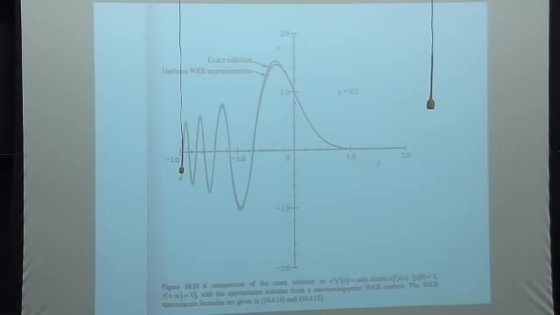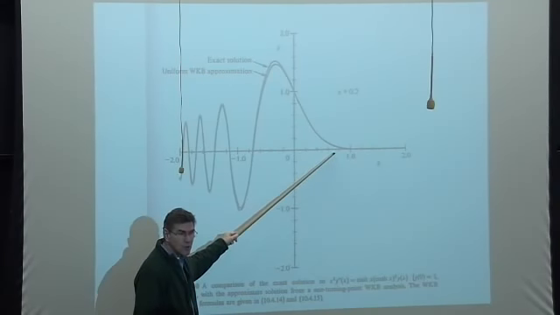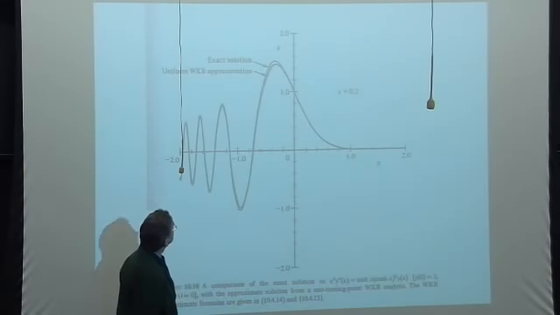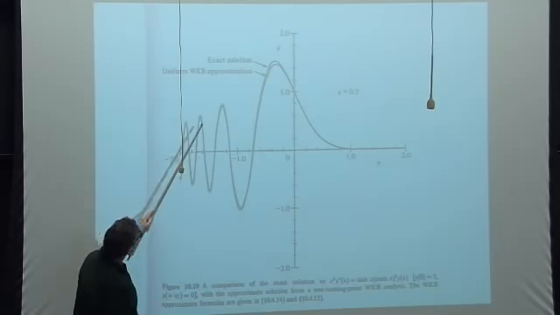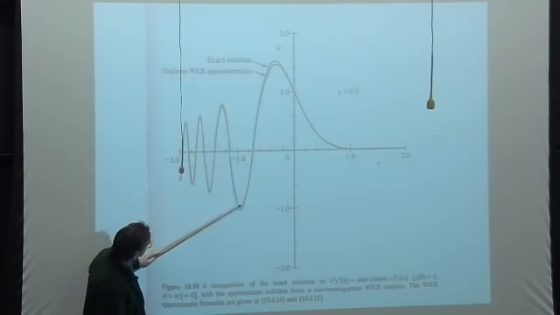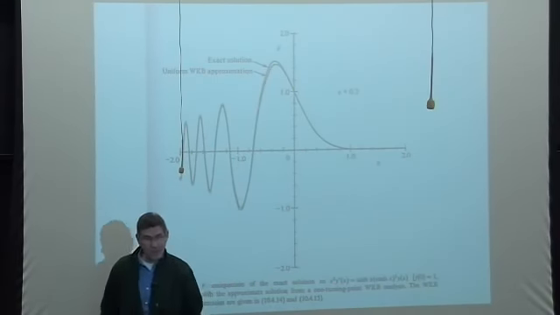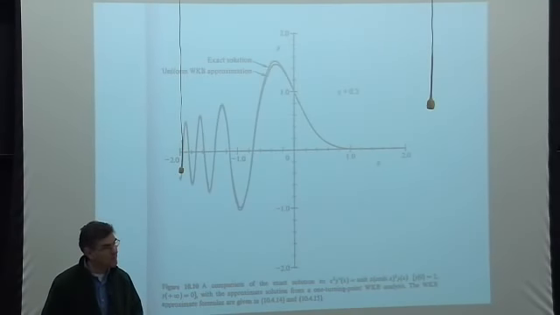That's the classically allowed region where particles are wave-like. This is the classically forbidden region where the probability of finding a particle is going down exponentially fast. And the agreement is almost precise. I can see a little error over here, and a little error over here, and a little error over here. But apart from that, this is pretty damn good. So this is uniformly valid.